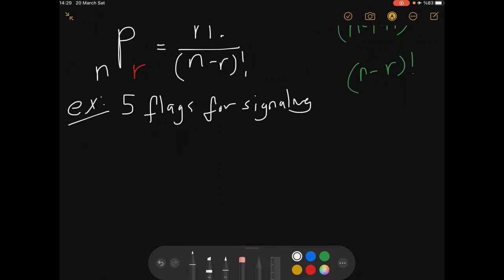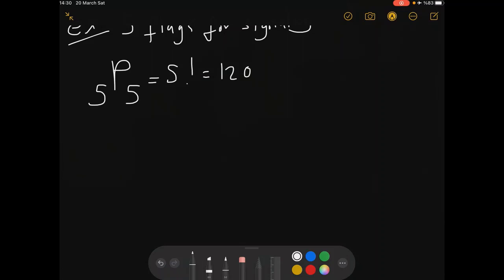You first raise one of the colors, then the other one, for example. It means that you have 5 flags, and you will have 5 slots for signaling here. You will end up with 5 factorial, 120 orderings possible here.